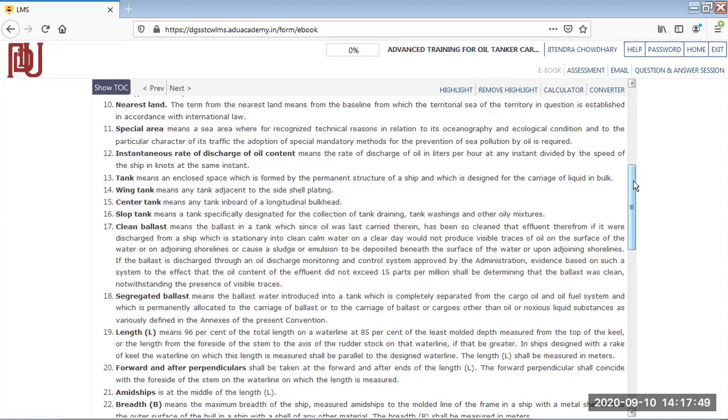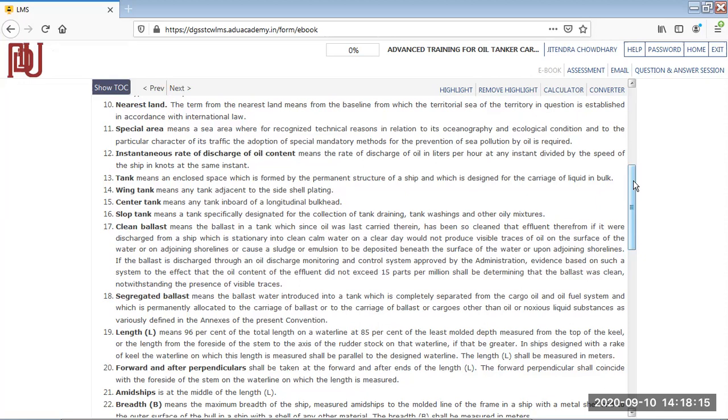Then length: 96% of the total length on the waterline and 85% of the moulded depth, measured from the top of the keel to the length from the fore side of the stem. Then there are forward and aft perpendiculars.